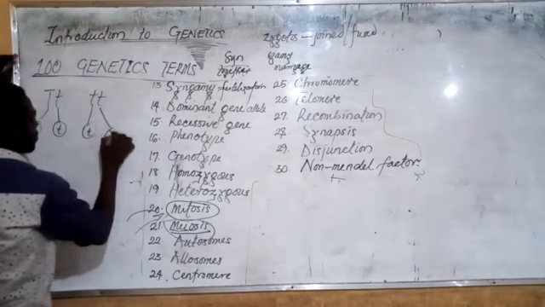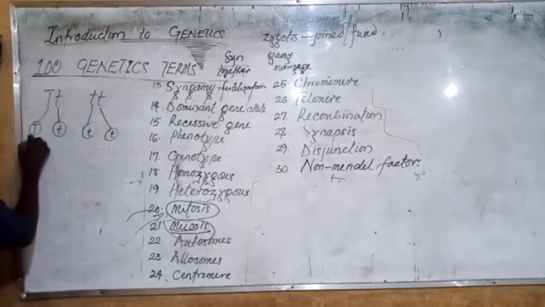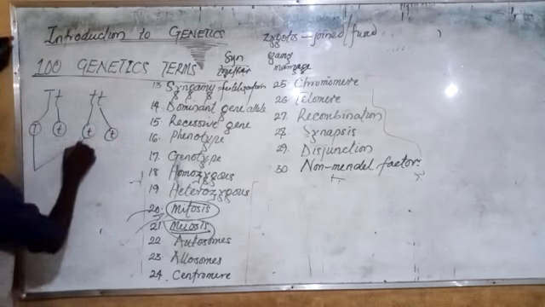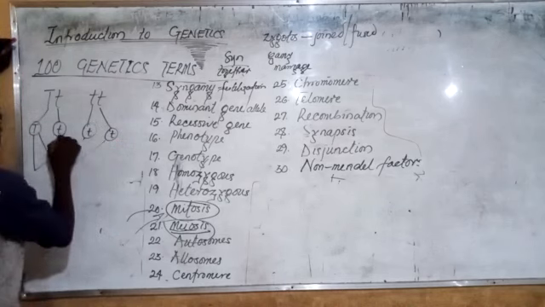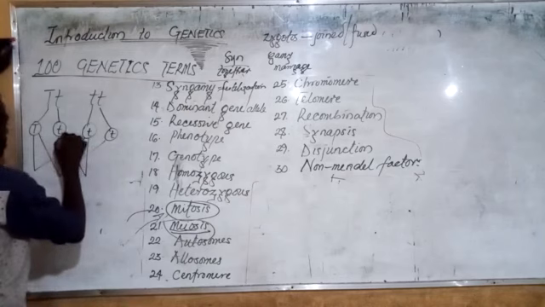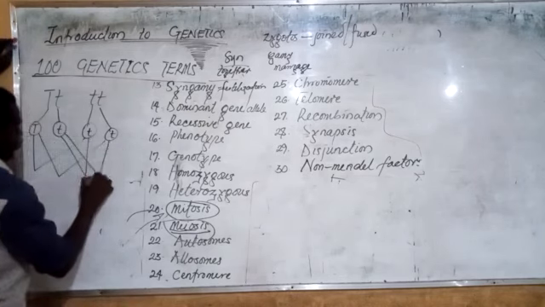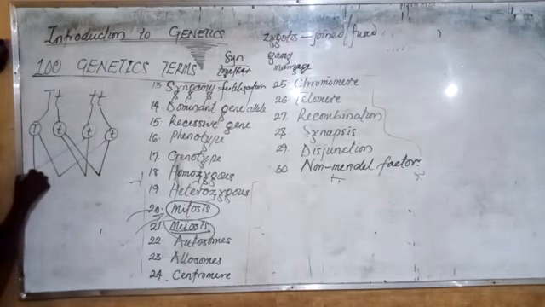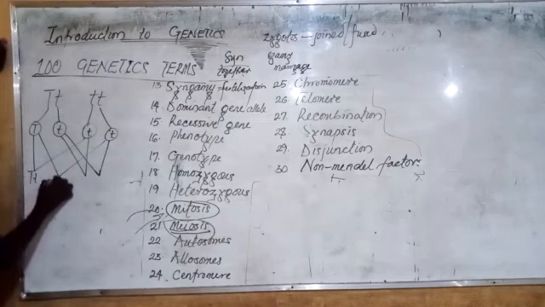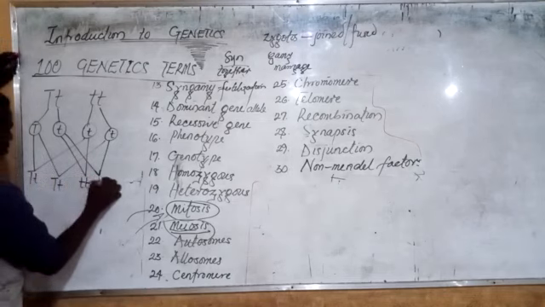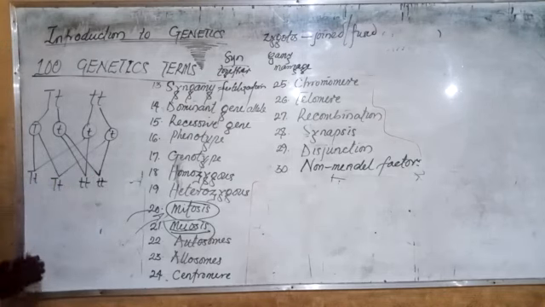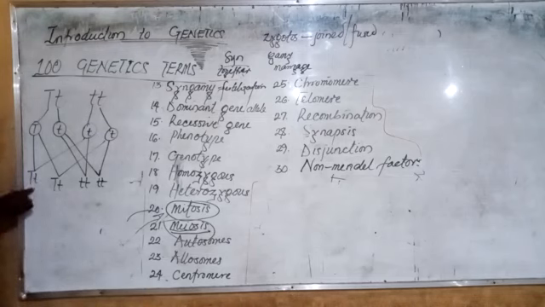So this crosses to this and this crosses to this, while this crosses to this and this crosses to this. So we have Tt, Tt, tt, tt. So basically what we have here in the phenotype is that, remember, this is dominant. So we are going to see this individual, this first offspring.